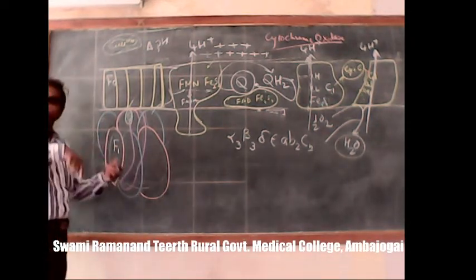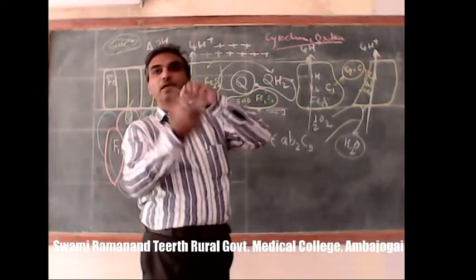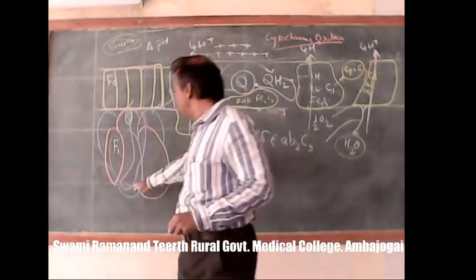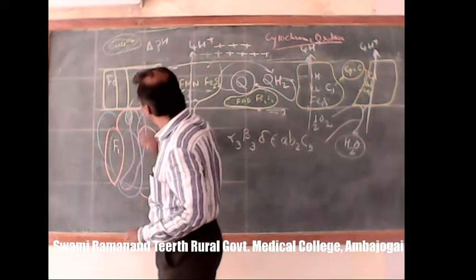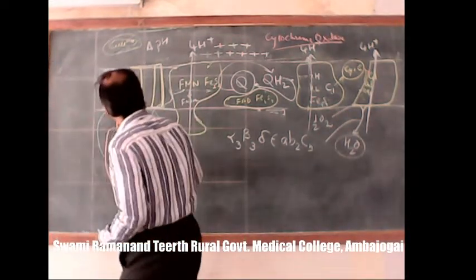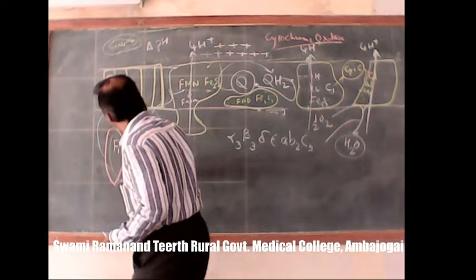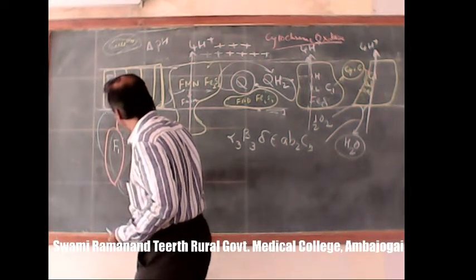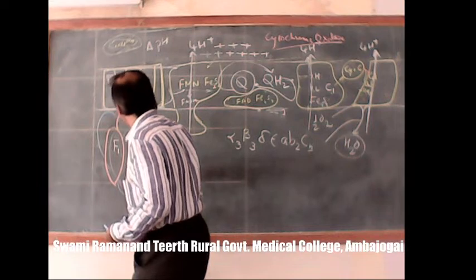So there are 6 units around the gamma unit. You just forget the gamma unit inside, because that makes it more complex. Just remember that there is a gamma unit inside it.